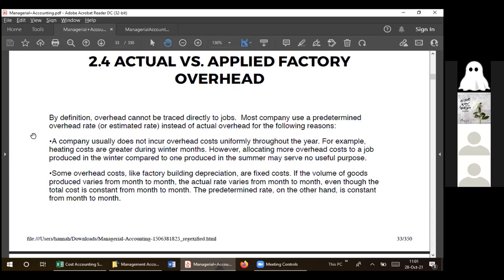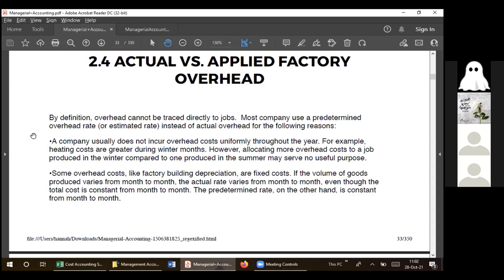However, allocating more overhead costs to a job produced in winter compared to one produced in summer may serve no useful purpose. So since you cannot increase the prices of your product in winter because it is costing you more to produce and reduce the prices in summer because it costs you less, you just have to take one estimated cost for it throughout the year.